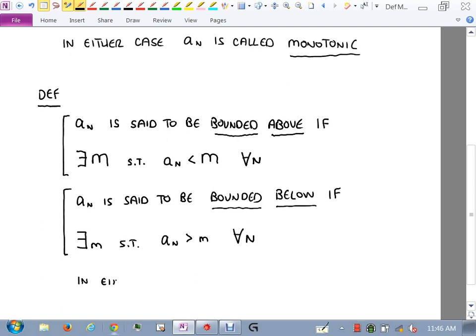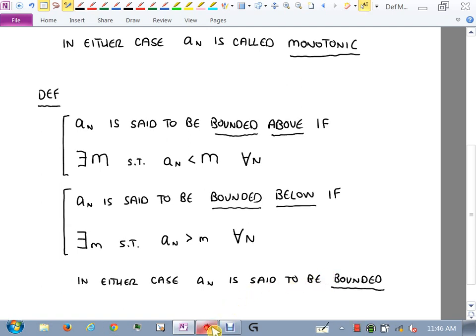In either case, A sub n is said to be, what? If it's bounded above or bounded below, either way, we'll consider the sequence to be bounded. Okay? So if I tell you a sequence is bounded, I'm not telling you if it's bounded above or below, right? I'm just telling you it's bounded. If I say bounded above, then you know there's some top it can never get past, and if it's bounded below, there's some bottom it can never get past.